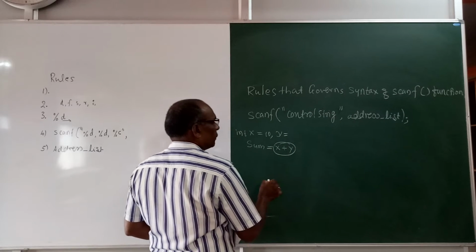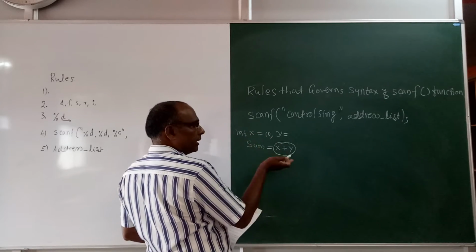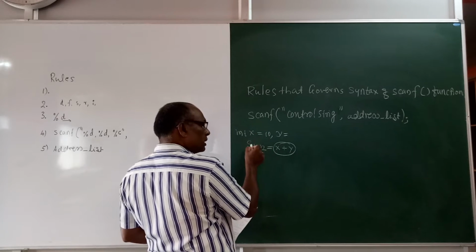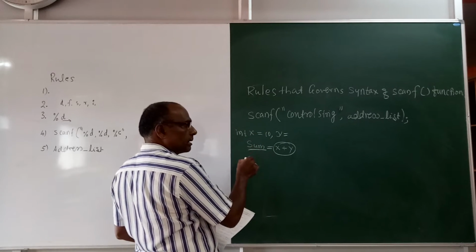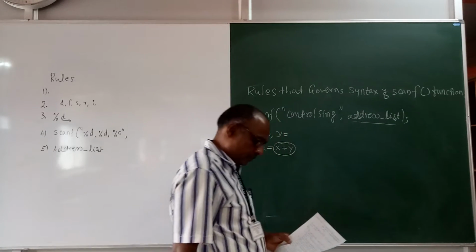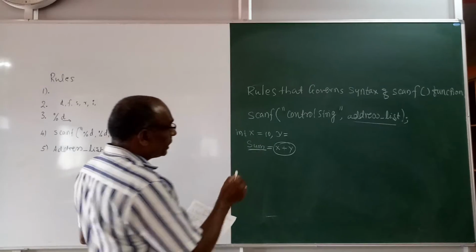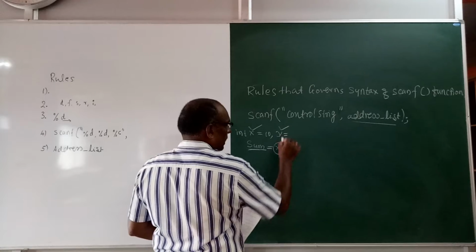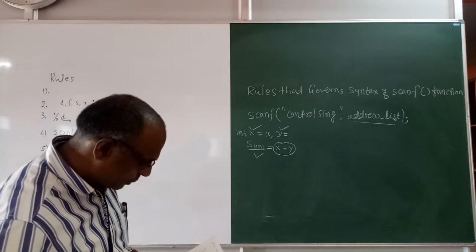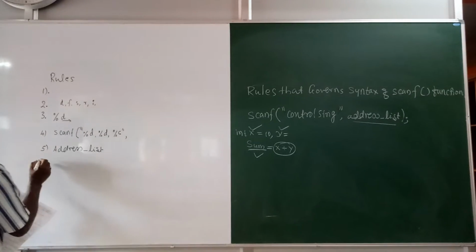So here we assign the value to the variable, by the interactive or non-interactive method, and then that value is to be stored in some memory location, that is called its address. It tells about the memory location of the input variable, say x, y, or even sum. It tells about the location of the input variable. So this is rule number 5.